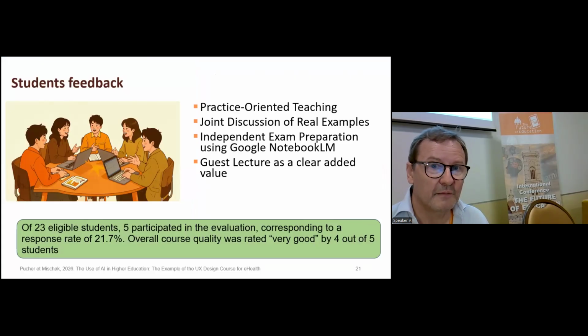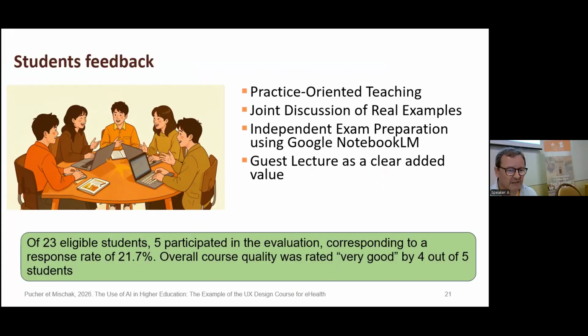It was the first time we had this course, and 5 participated in the evaluation. 4 rated very good, and 1 good. And what students liked was the practice-oriented teaching, the joint discussion of real examples, the independent preparation using Google Notebook LLM, and the external expert in the 4th session.